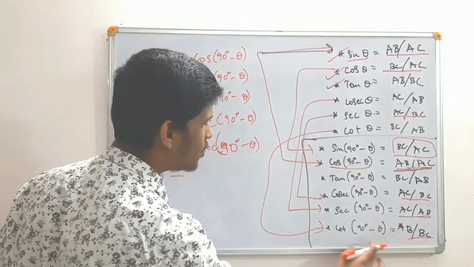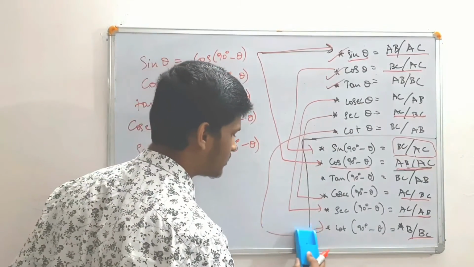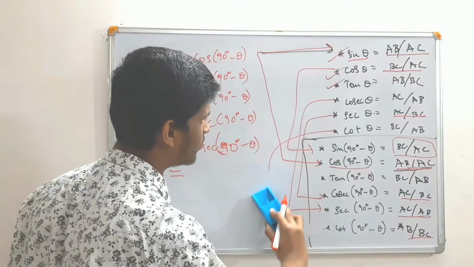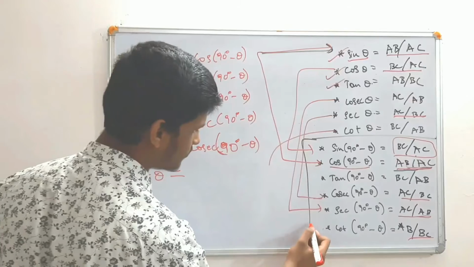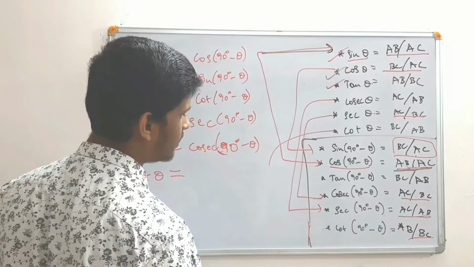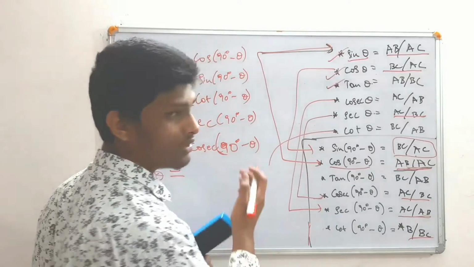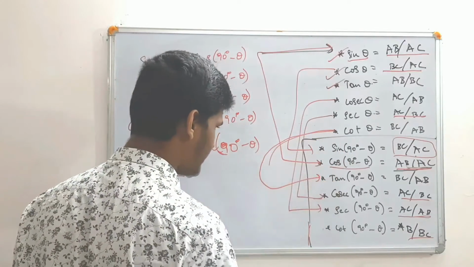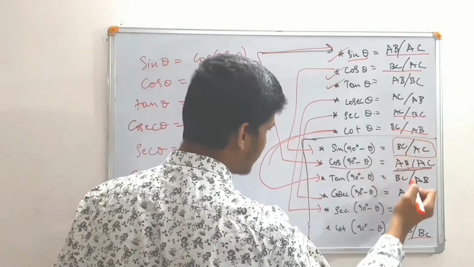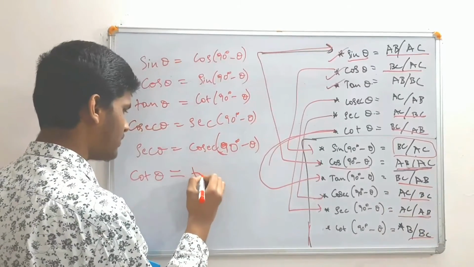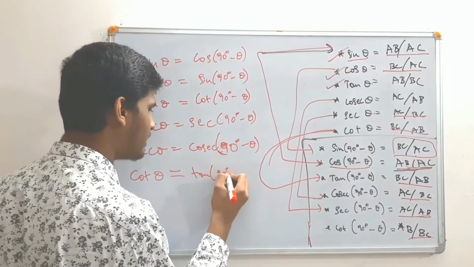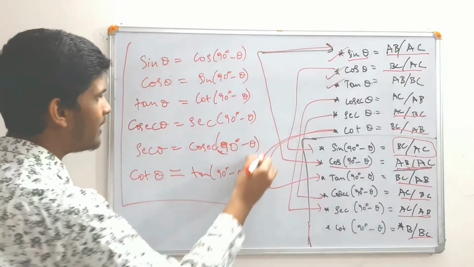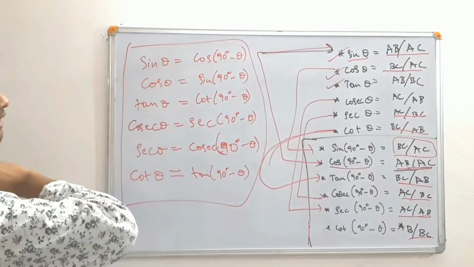So cot theta is equal to tan 90 minus theta, BC by AB. So tan 90 degrees minus theta. That's it. This is only complementary angles.